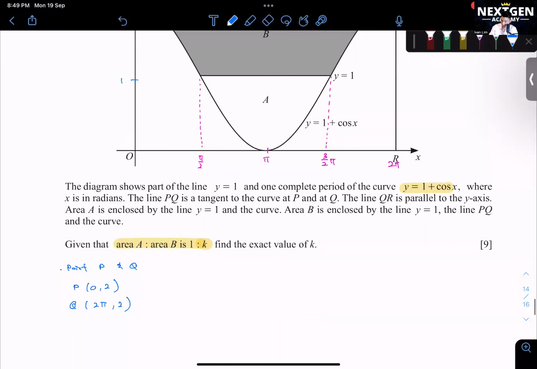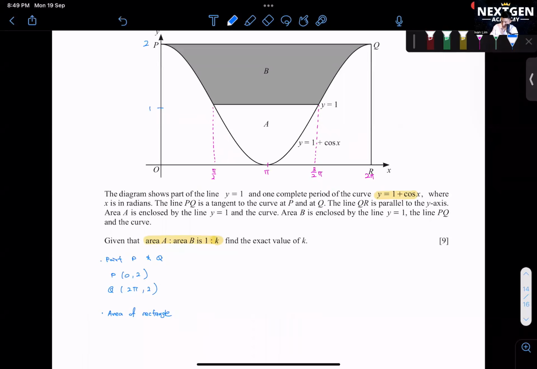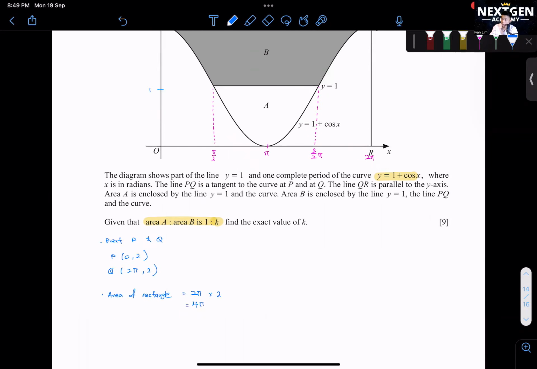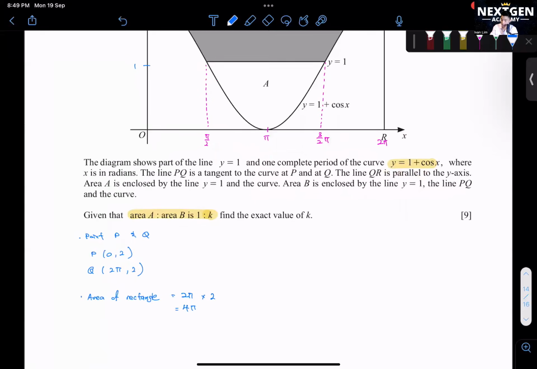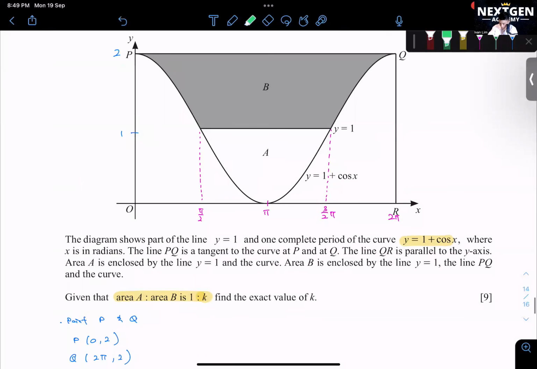Some of you did a different way, but what I did, I find the area of the rectangle first. Area of the rectangle will be 2 pi times 2, which equals 4 pi. So I just do base times height. Then I want to find the area under the graph, this whole part here.